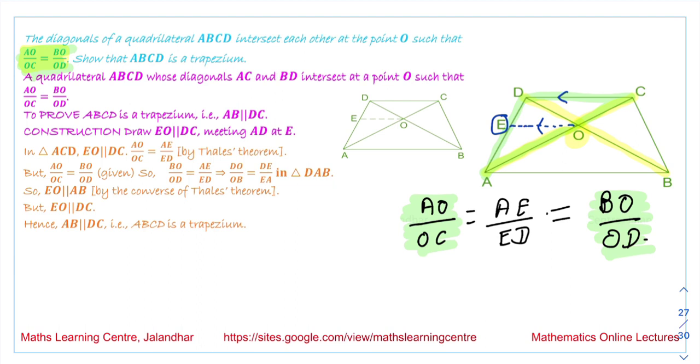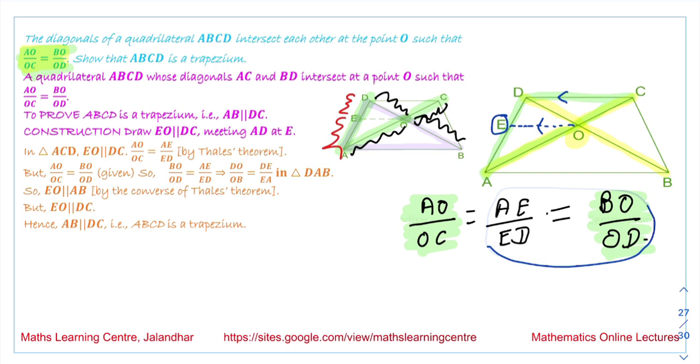Now if we consider the triangle DAB, what we have is that BO over OD is equal to AO over OC, and that is equal to AE over ED. If we look at these two values over here, these are proportional to each other.